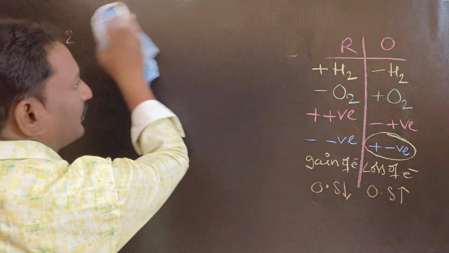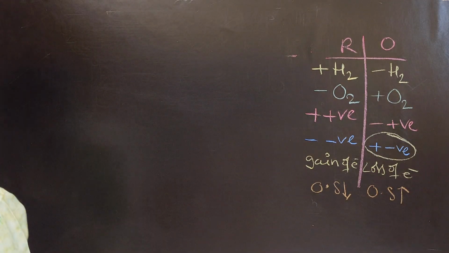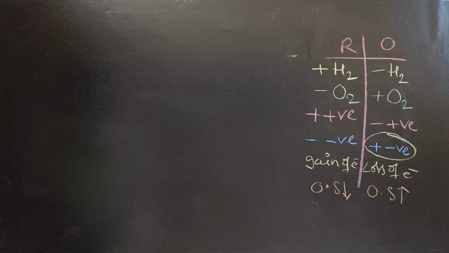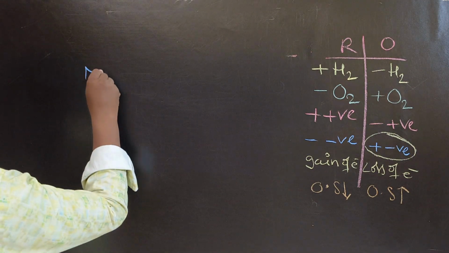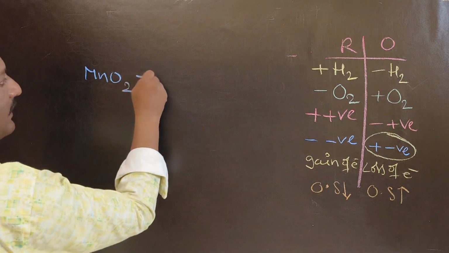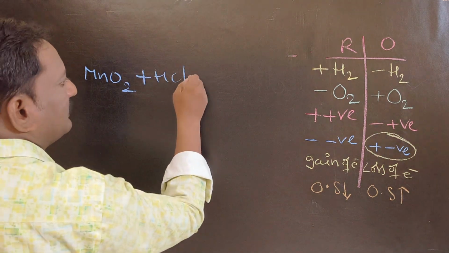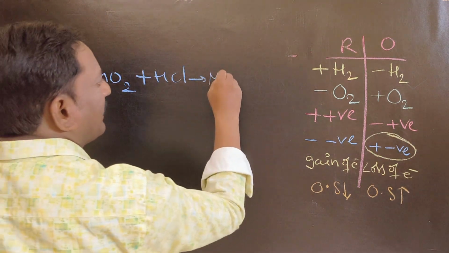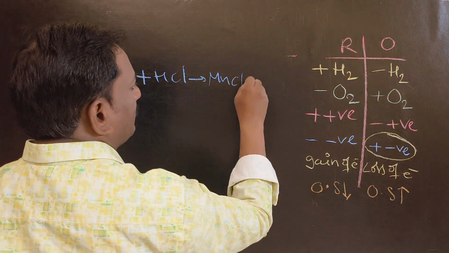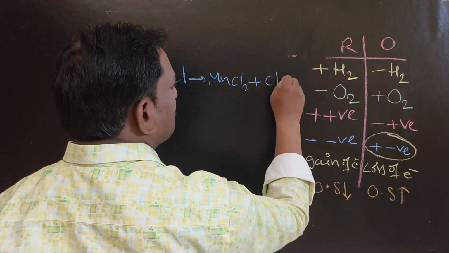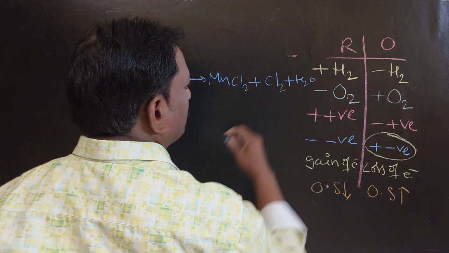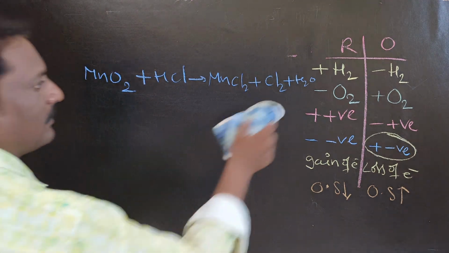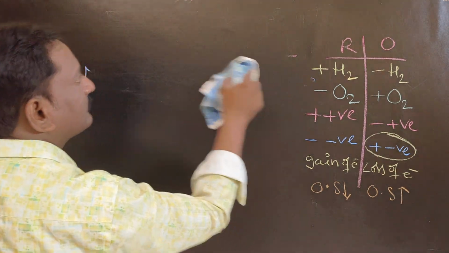Try yourself. I am going to give one question. Try yourself, my dears. Manganese dioxide reacts with hydrochloric acid. You will get manganese chloride plus chlorine plus water. Let me write clearly.